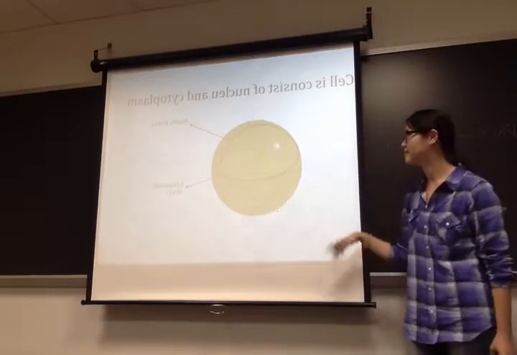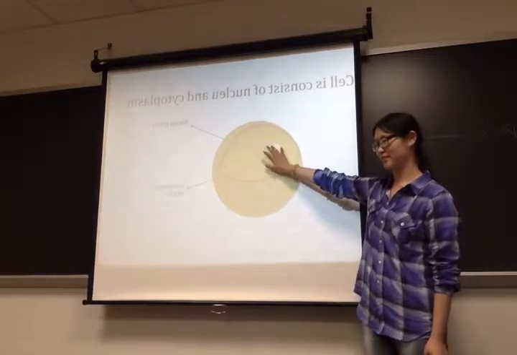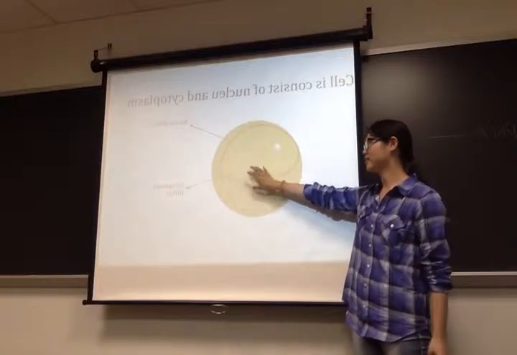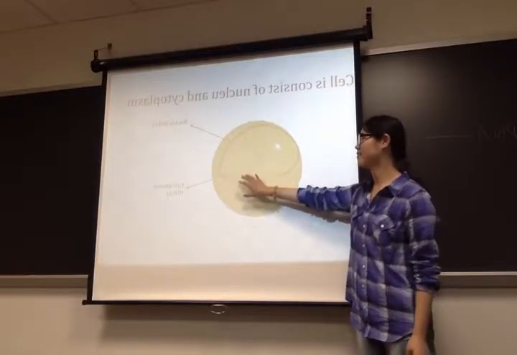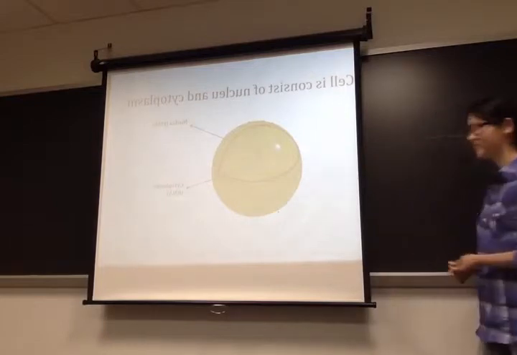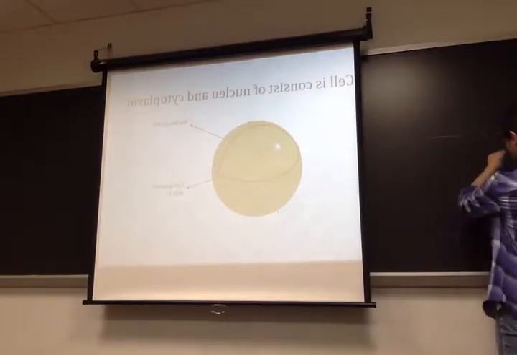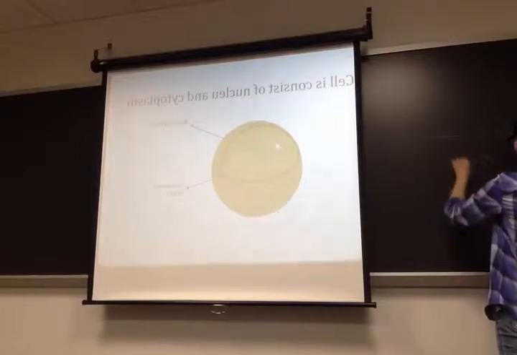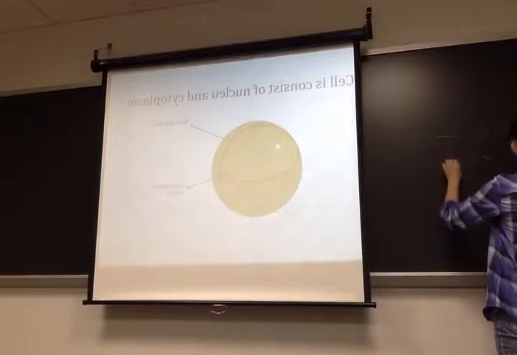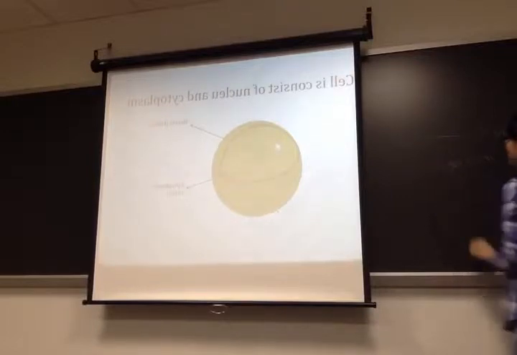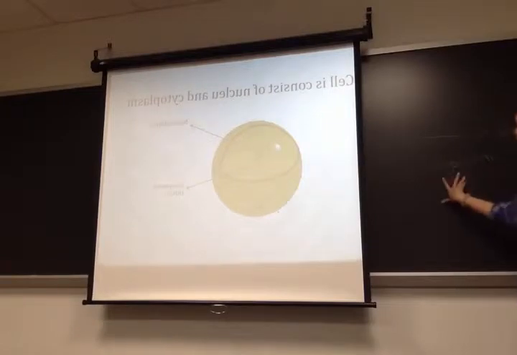Here I want to add that DNA can't get out of the nucleus, and tRNA is restricted to the cytoplasm. So we need mRNA. mRNA is short for messenger RNA.